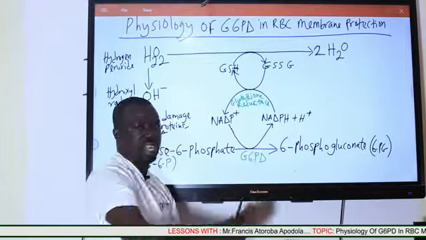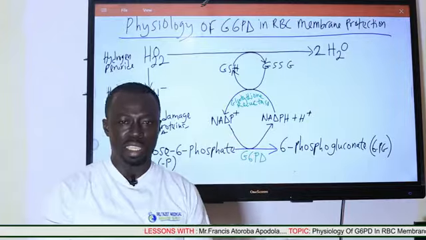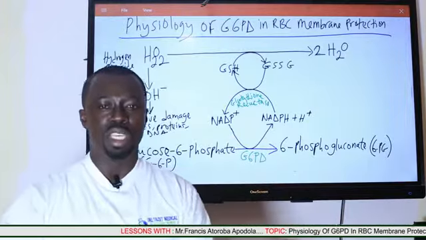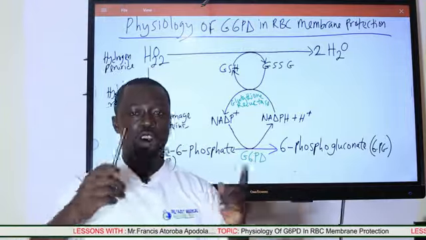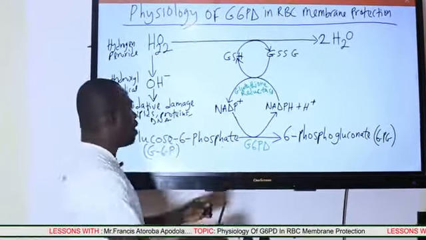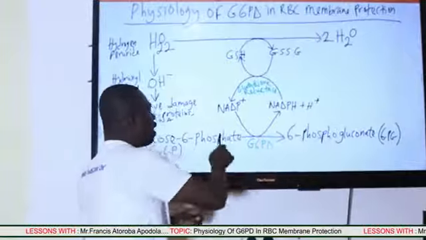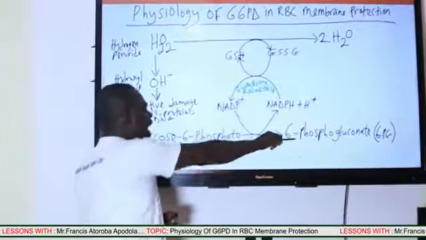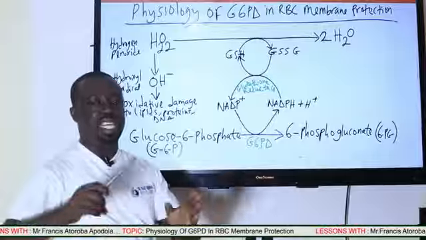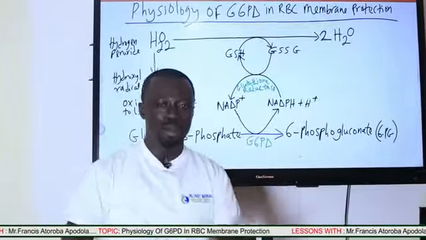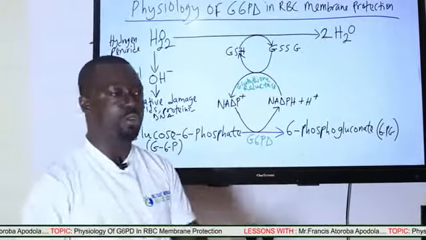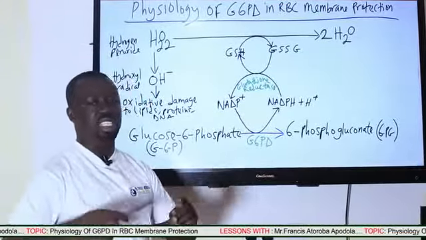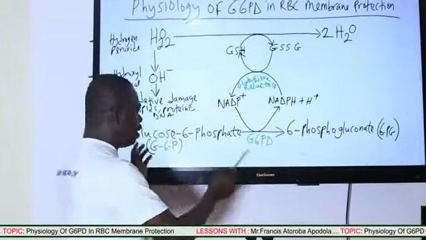That is a redox reaction. For this reason, the methylene blue is named a redox dye, because it stimulates an oxidation and reduction reaction by activating the G6PD enzyme. So the methylene blue is called a redox dye because of its activation of the G6PD enzyme and the pentose phosphate pathway.